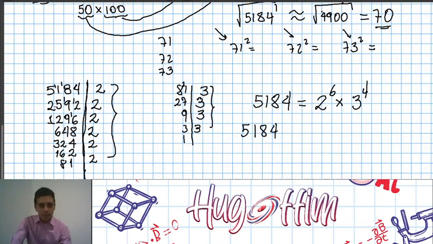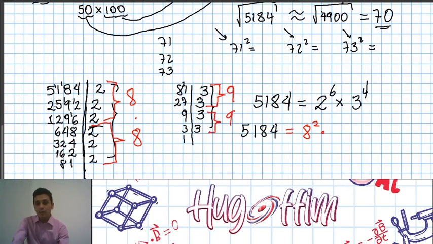I'm going to use red for you to see. Look at that, this is 2 to the 3rd power, that is 8, and 2 times 2 times 2, 2 to the 3rd power, that is 8. So this number, 2 to the 6th power, is just 8 to the 2nd power. And look at it here, I can rewrite this 3 to the 4th power as 9 times 9. So 9 to the 2nd power.